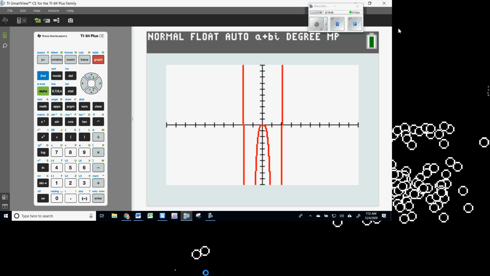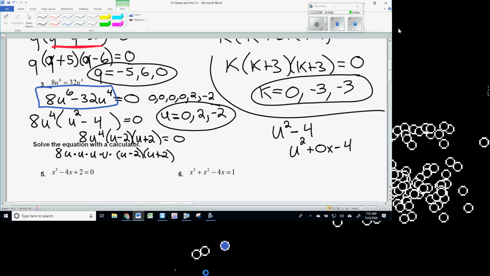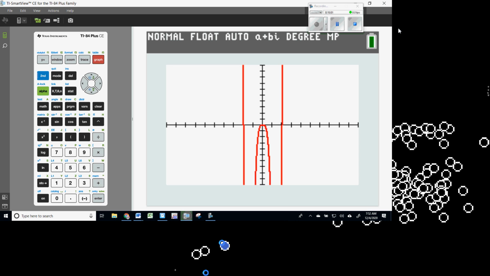At 2, at negative 2, and it also touches at 0. What were our answers? 0, 0, negative 2, 2, negative 2. So we can use that to check our answers. We're able to graph it to find our answers.